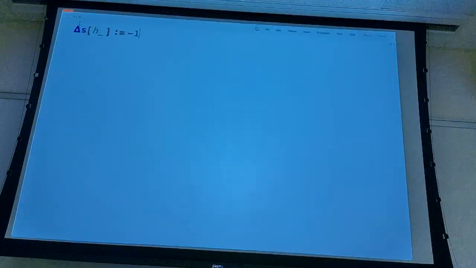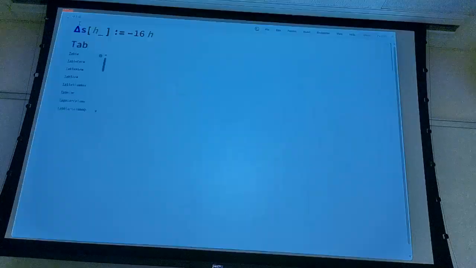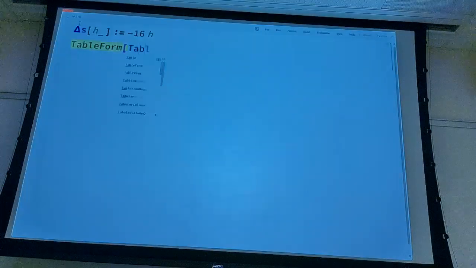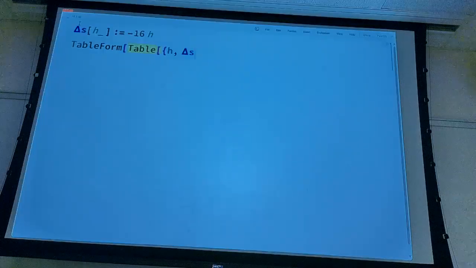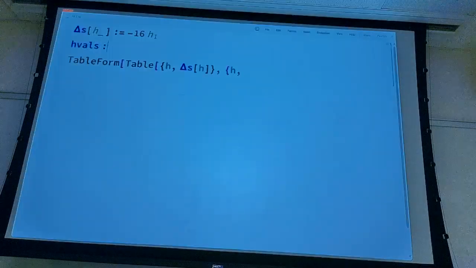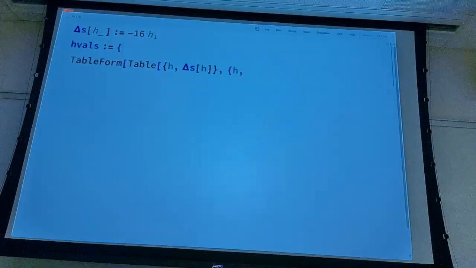I'll just create a table of values for h. The h values are 1.1, 1.5, 1.9, 1.99.